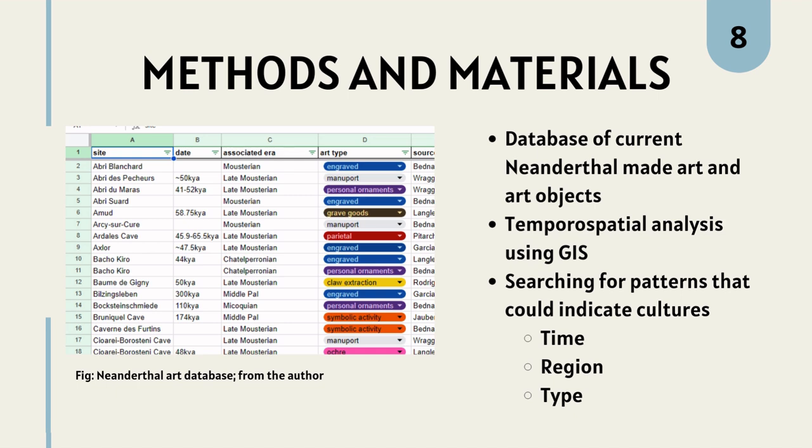Using this database, I will map out the location of these objects using ArcGIS and will then conduct a temporal spatial analysis on it. With this, I will be searching for patterns that could indicate cultures in art, as has been done with Upper Paleolithic Sapiens art. The patterns I am most interested in involve patterns in time periods, regions, and art types.